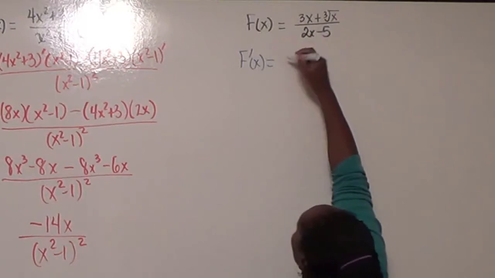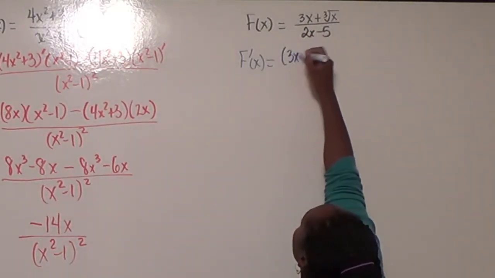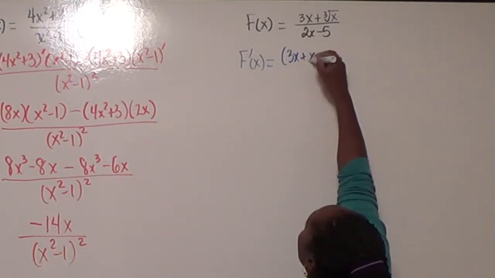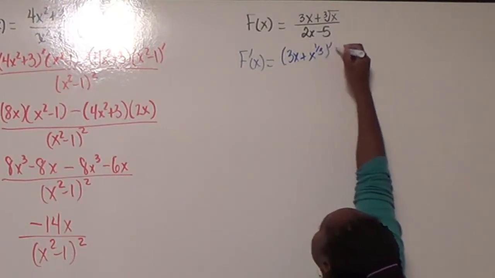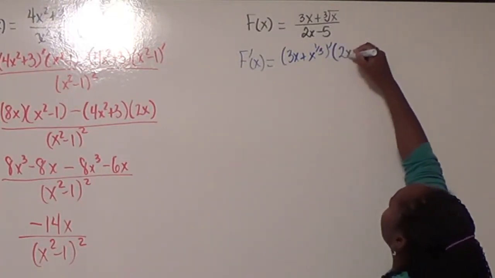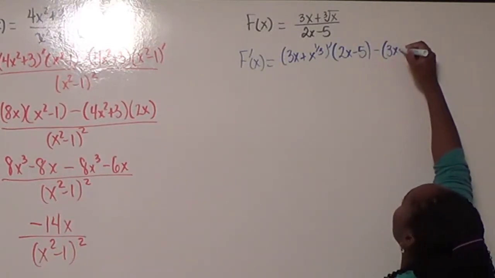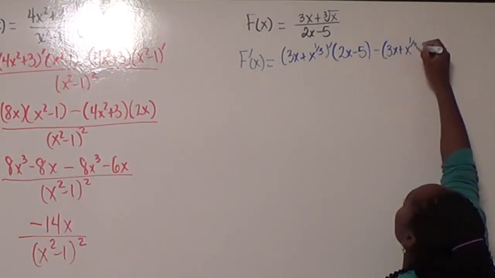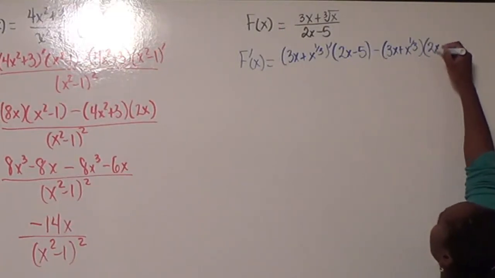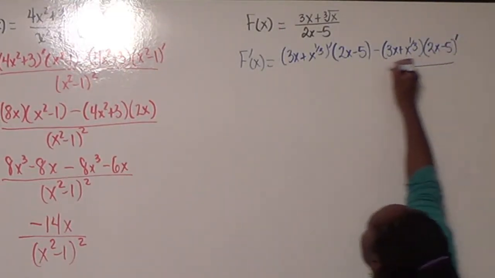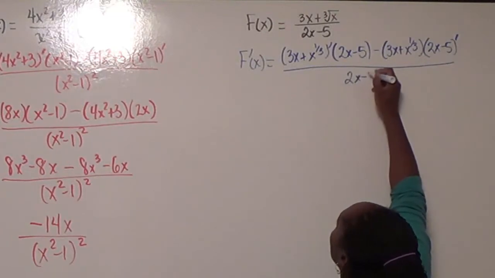We'll do the top, and if it's okay with you, I'm going to write this as x to the 1/3, times the bottom, minus the top, times the derivative of the bottom, all over the bottom squared.